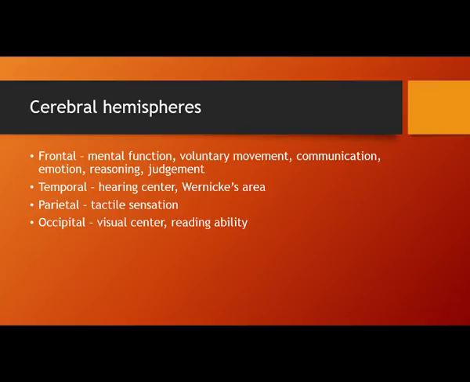So Wernicke's aphasia is a problem that would be connected with the temporal area. The parietal area is primarily concerned with tactile sensation, and the occipital area has the visual center and also controls reading ability.